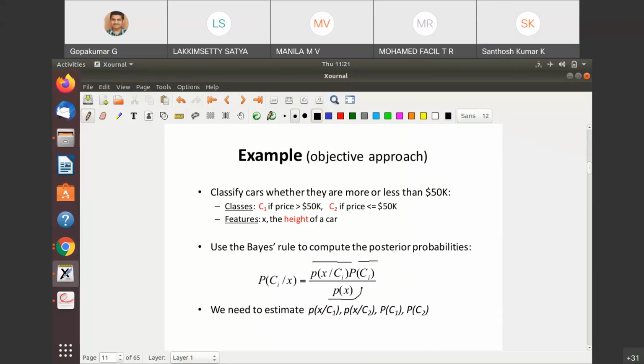The evidence we can ignore, because usually p of x is common for the different classes. So we have to estimate these probabilities from the given data: evaluate the likelihood and prior probabilities, multiply them, find the posterior probability, and then decide. That is how this can be applied.